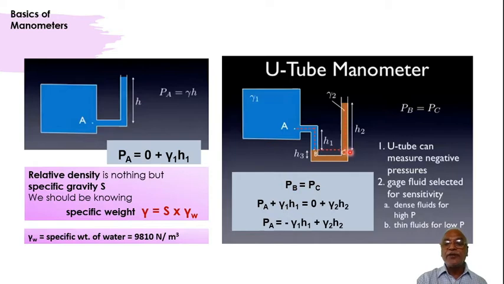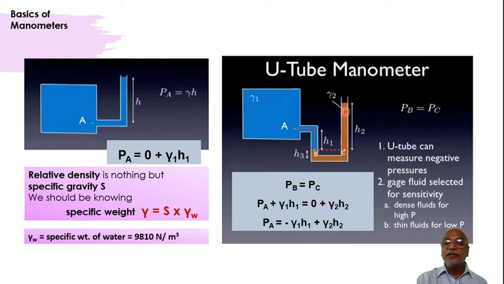Now how do I write the expression for PC? Again, I'll start with the free surface where the atmospheric pressure is acting, which is considered as 0 because we are working with gauge pressures. When I move down, I'll have to add, that's why there is a plus sign.